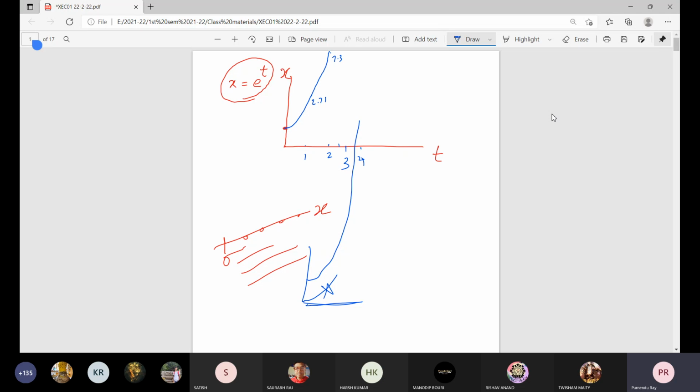Now what we can do is take the natural logarithm on both sides. What happens? ln x is equal to t.